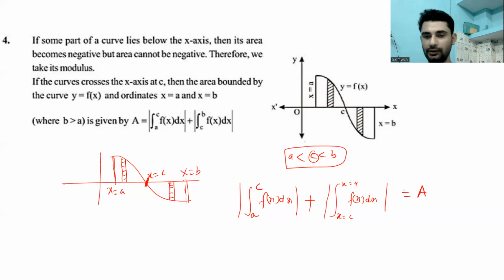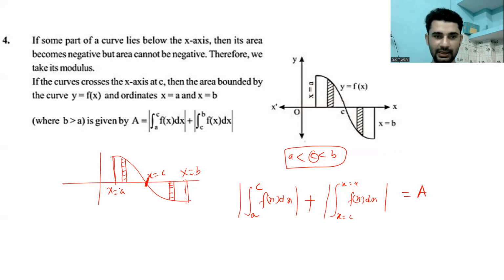So how can we find out? We just take the mod value of that portion which is below the x-axis, in order to find the complete area. Is this clear? So this is the fourth concept. Is there any problem in this concept? I guess no problem.